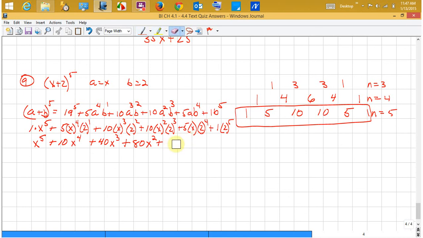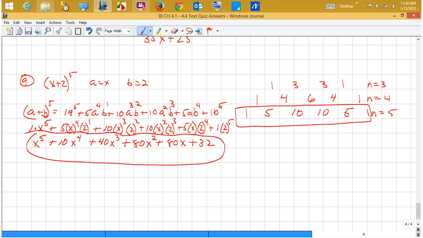No, I don't think it is. Let me check that out. 80. It's 80. And lastly, I have 2 to the 5th. And there's my binomial expansion. And I think that's all the problems.